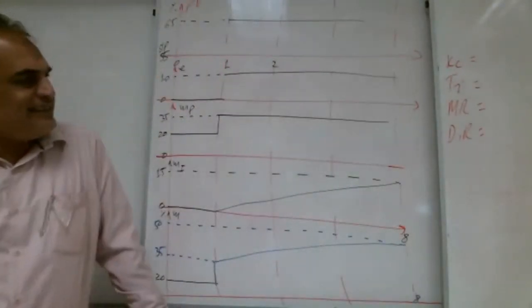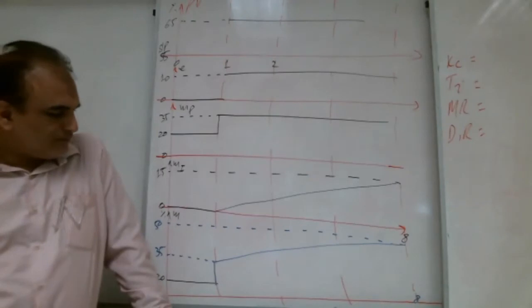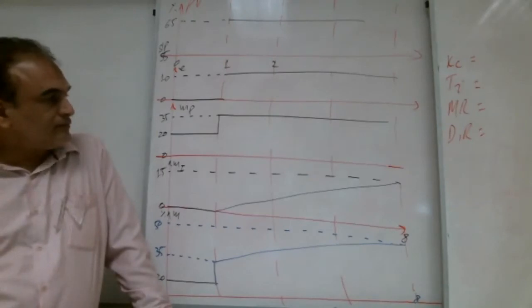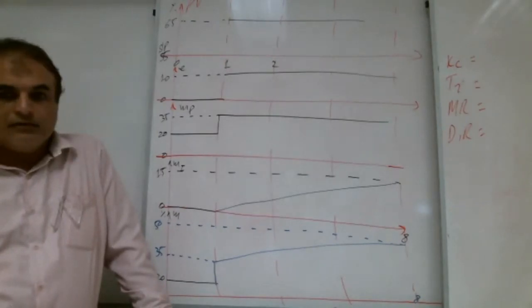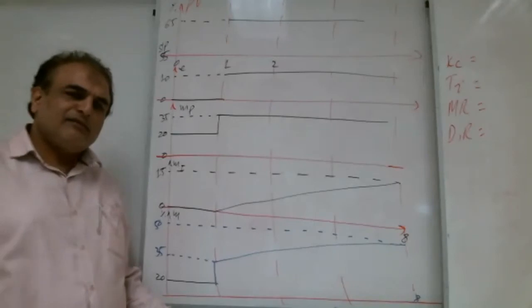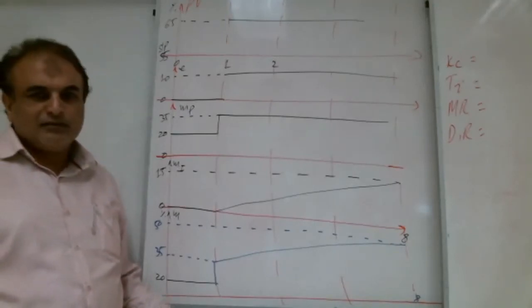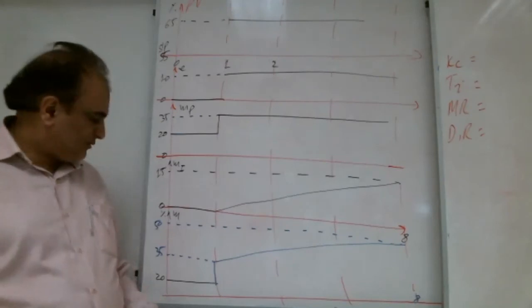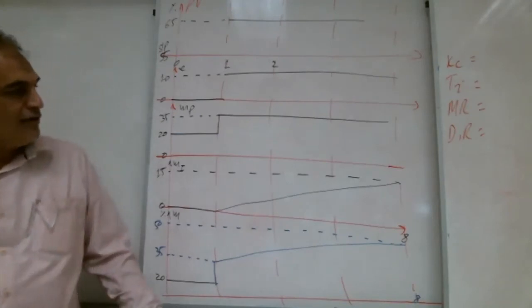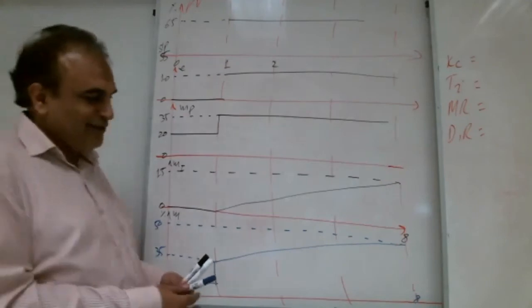Which one is the easiest one to find? What about TI? What is TI? 1. That's it. So this is the easiest, right?